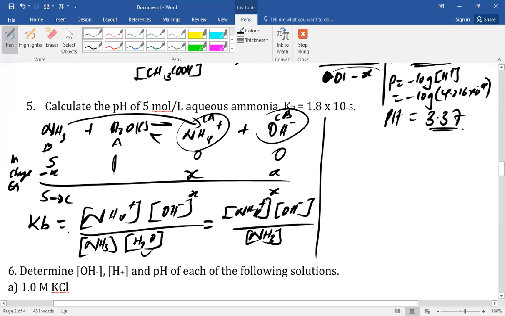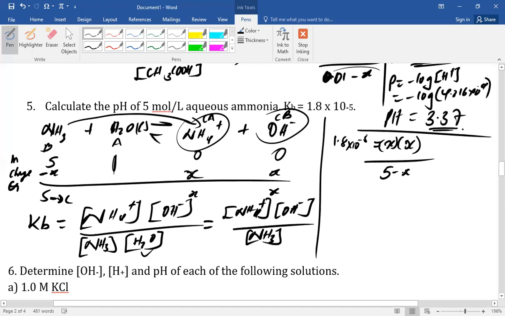Now we have the value for the Kb. The Kb is 1.8 times 10 power negative 5, which is equal to the concentration of ammonium ion, x, multiplied by that of hydroxide, also x, over the concentration of ammonia, which is 5 minus x.